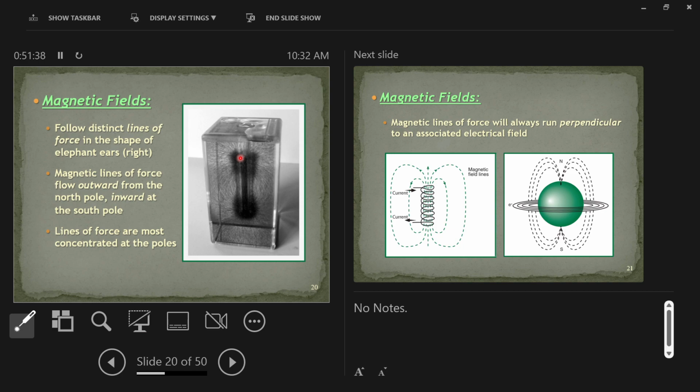Okay, magnetic bar. That bar has a north pole and a south pole, and now you can see that those iron filings have traced out the shape of that magnetic field. Okay, magnetic lines of force flow outward from the north pole and inward to the south pole. So there really is a direction, out from the north into the south.